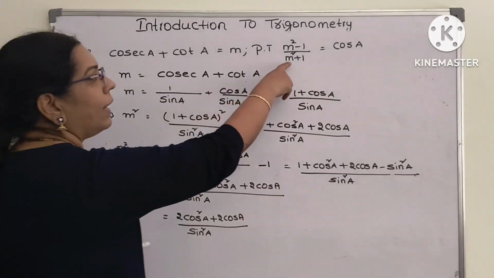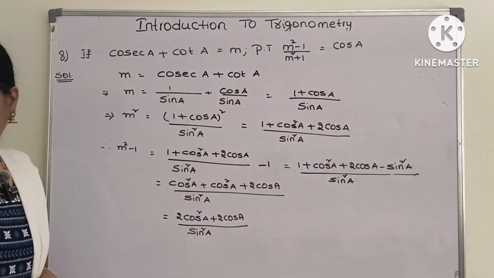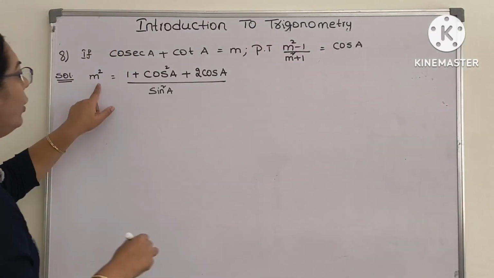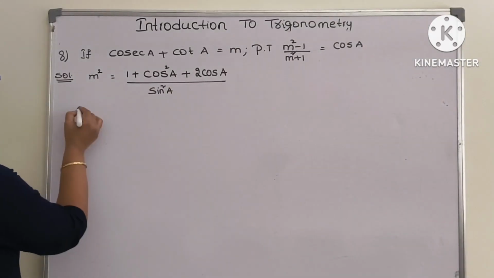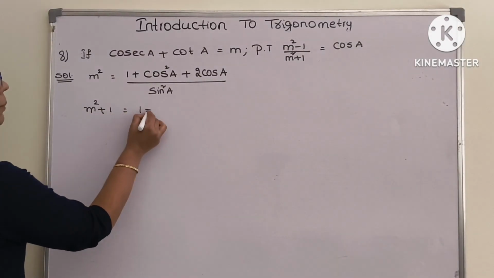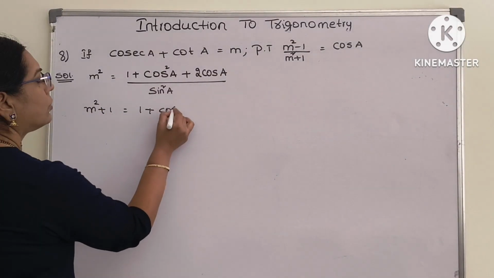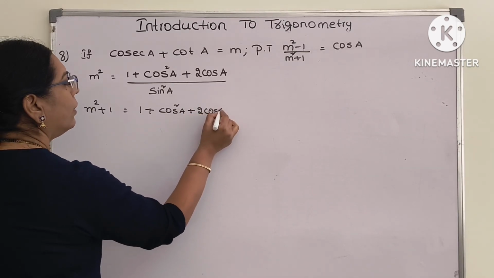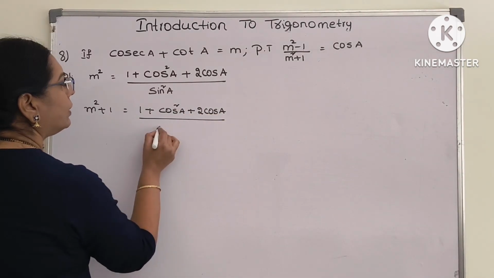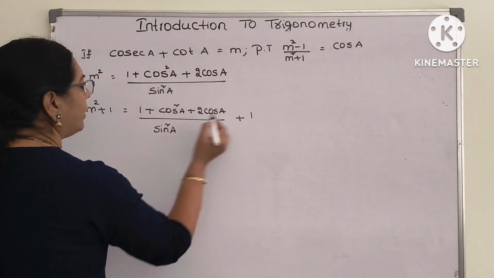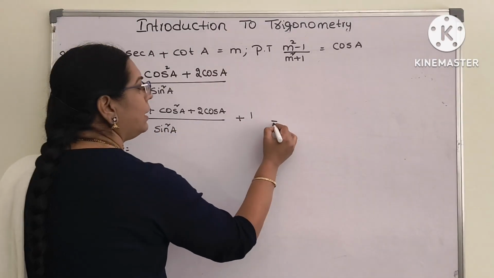We will now find the value of m square plus 1. We already know m square value as this. So m square plus 1 will be 1 plus cos square A plus 2 cos A, divided by sin square A, plus 1. So take LCM.